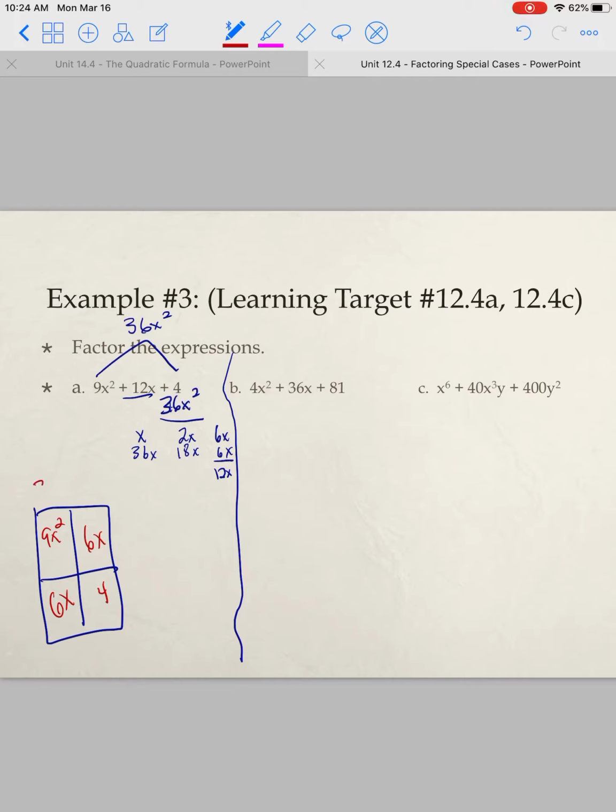Start finding my greatest common factors. For this one, it's going to be 3x. For this one will be 2. And it's positive. I go across my rows. It's going to be 3x and 2. So my answer here is 3x plus 2 squared.